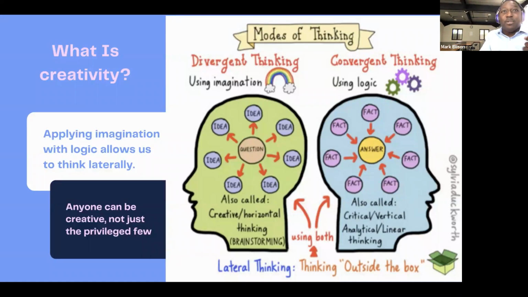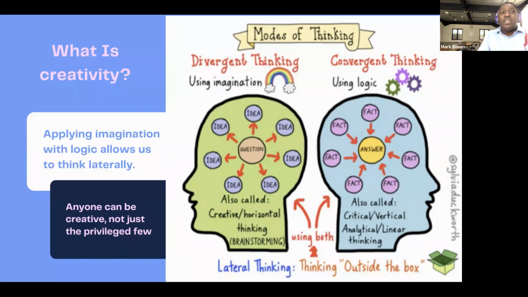Well, what is creativity? So, if you look at this simplified diagram, this is one that I often share with my pupils to try and simplify what modes of thinking is about. But quite simply put, it's utilizing two modes of thought processes, using both imagination while applying logic, which is what's known as lateral thinking.